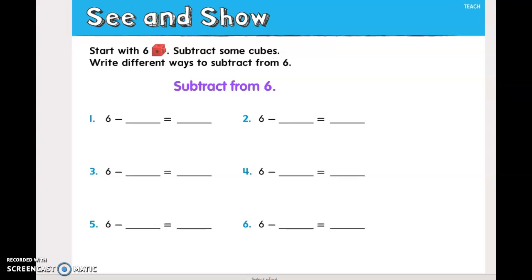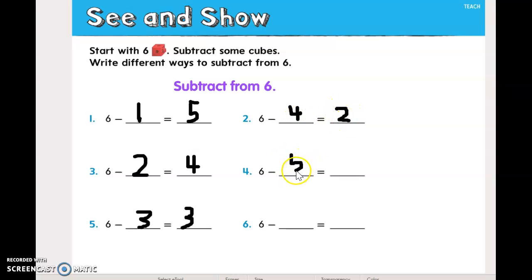All right, let's go ahead and we're just going to do that pattern again. Our pattern is going to be 6 take away 1, and that'll be 5. 6 take away 2 is equal to 4. 6 take away 3 equals 3. 6 take away 4 equals 2. 6 take away 5 equals 1.